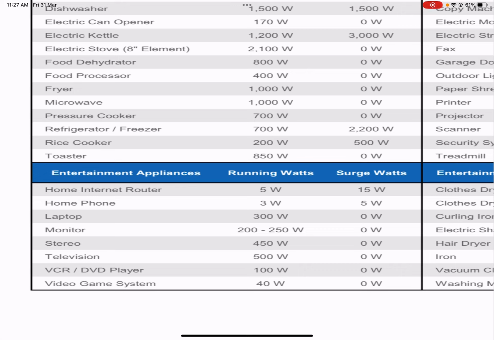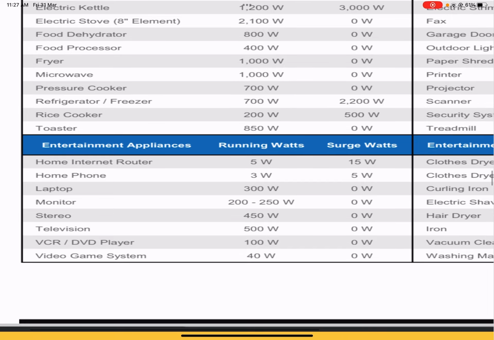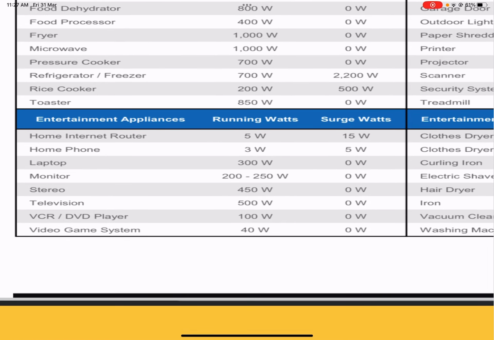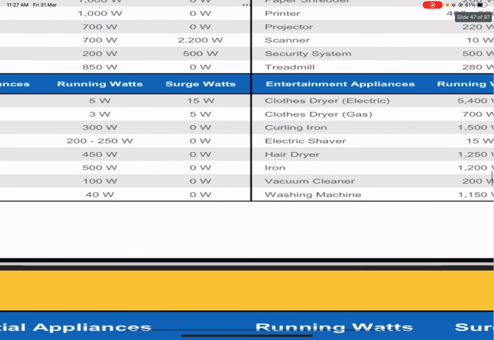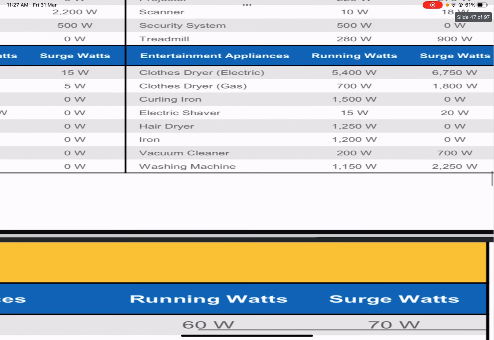So typically you see your laptop is consuming 300 watt, a monitor would consume around 250 watts, right? An internet router would have a small wattage of 5 watt. A home phone would have 3 watt. The video game system would consume 40 watt. A stereo would consume a lot, 450 watt. An electric shaver, 15 watt.